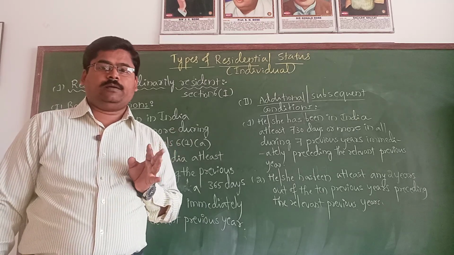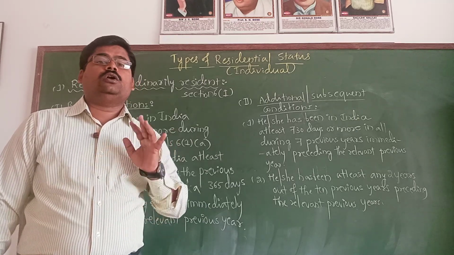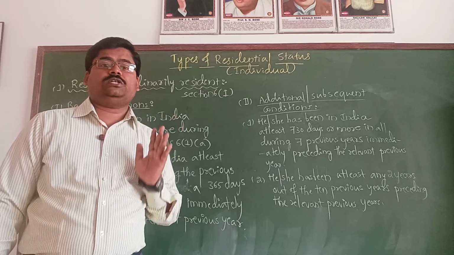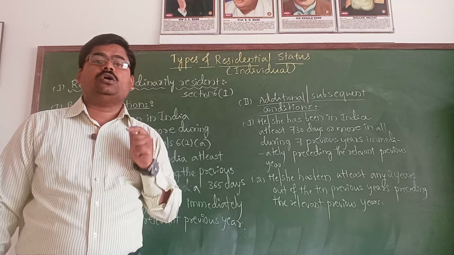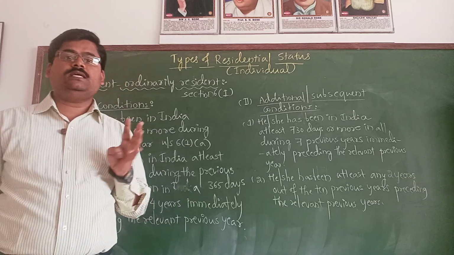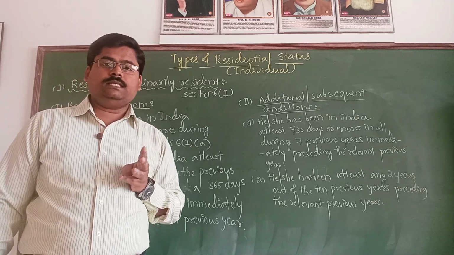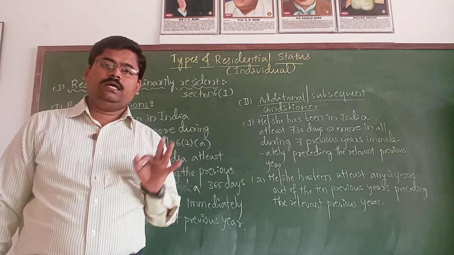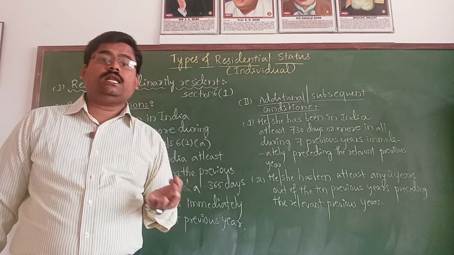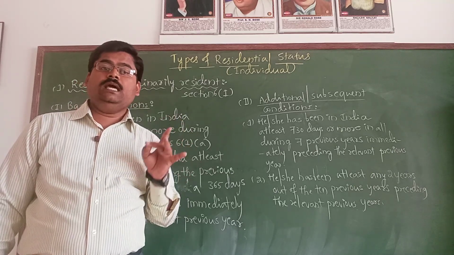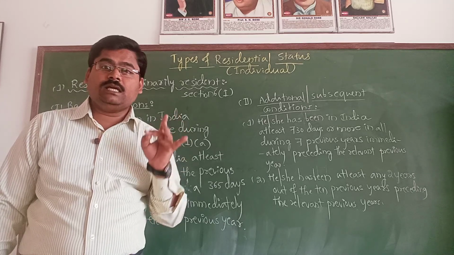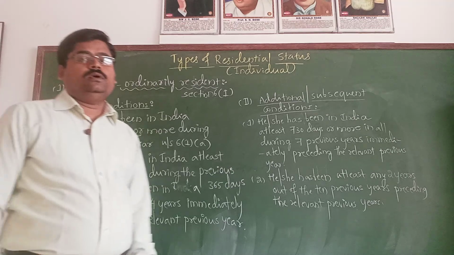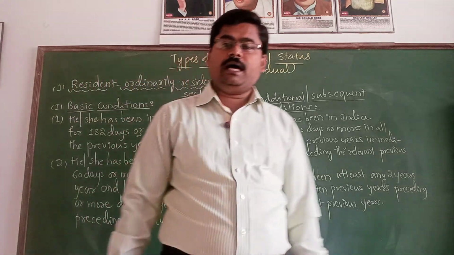That is the second important type. And the third is the non-resident in India, section 2 subsection 30 states about the non-resident. One is the ROR, resident ordinarily resident, RNOR, resident not ordinarily resident, and third is the NR, non-resident India. So these are the three important types of residential status of an assessee.